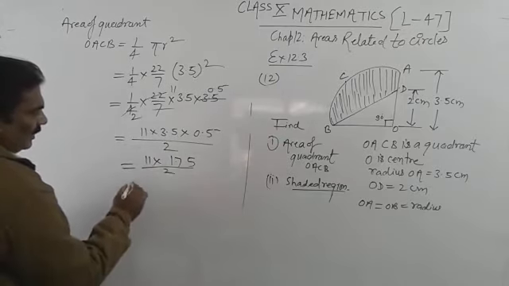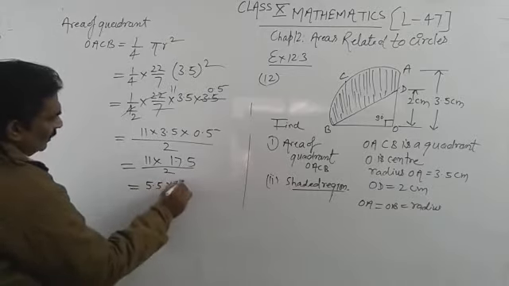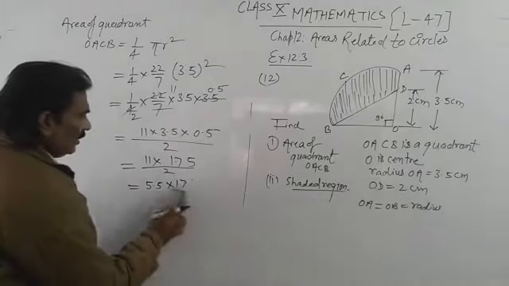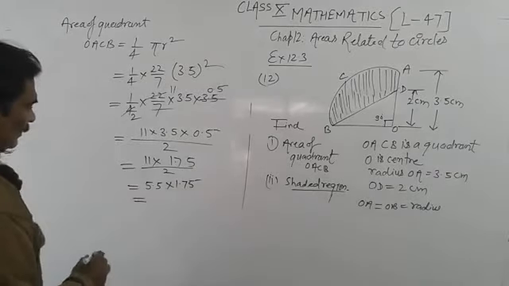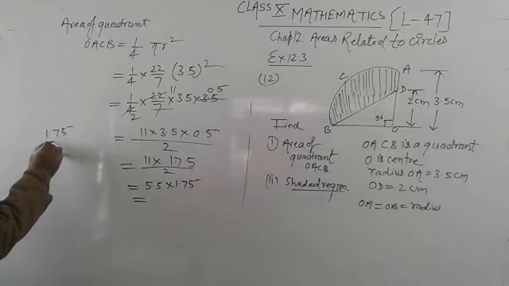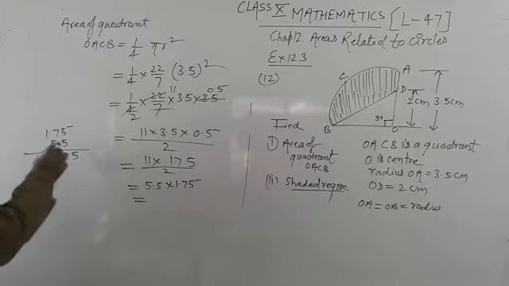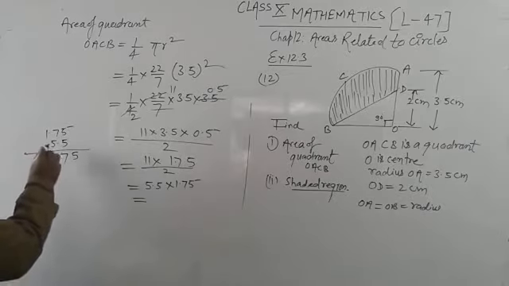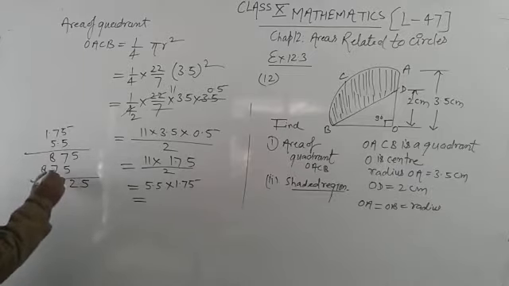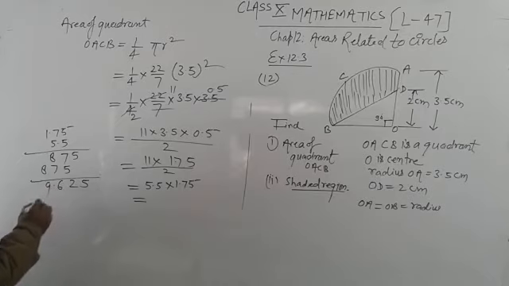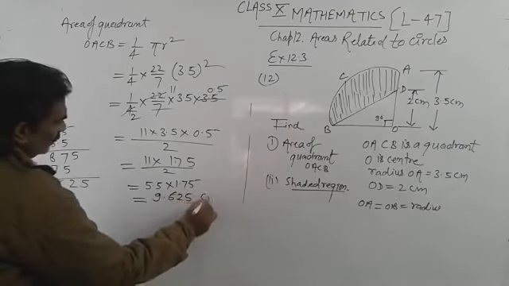So here students, after dividing by 2, it becomes 5.5 into 1.75, sorry students, this is not 17, it is 1.75, and if we multiply it, we get 1.75 multiplied by 5.5, totally 9.625 centimeter square.